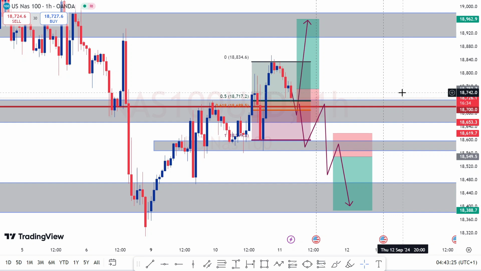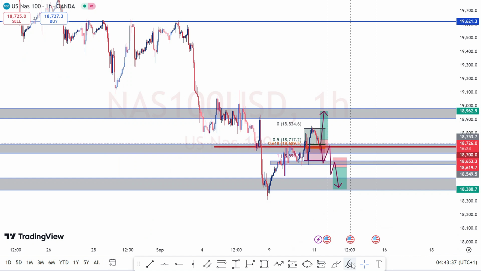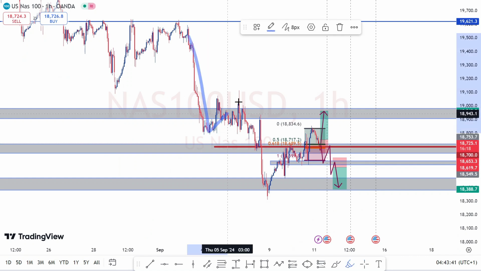Now, what am I trying to say? If you notice right here on Nas100, this is an impulsive move. Price is bearish here, correcting, bearish, correcting, bearish, correcting. On the 1 hour time frame, breaking down, you could see that price is moving impulsively on the bearish side of the market.